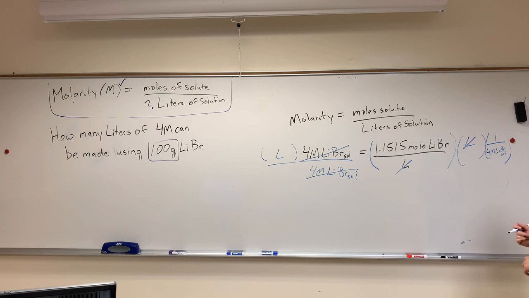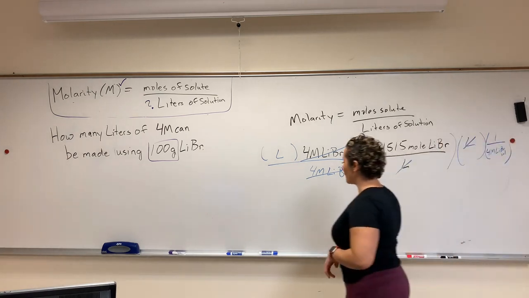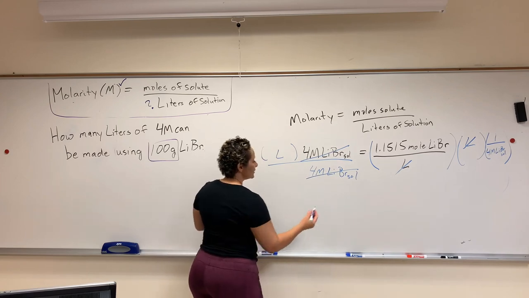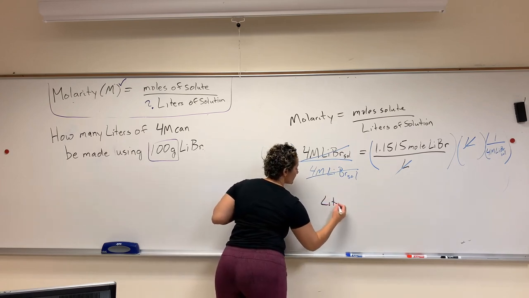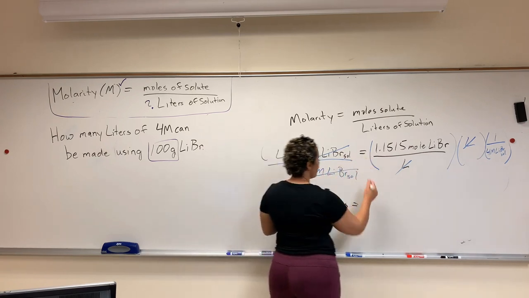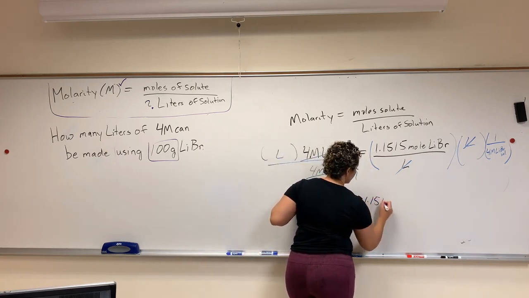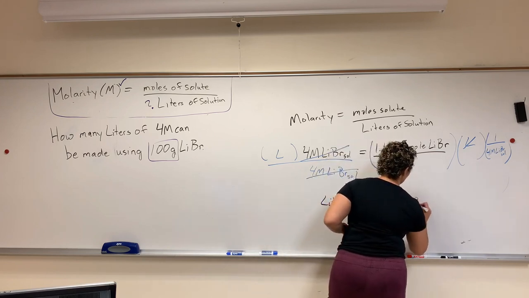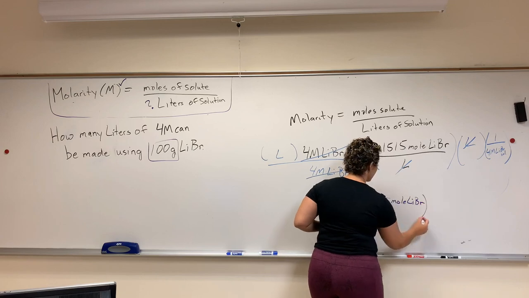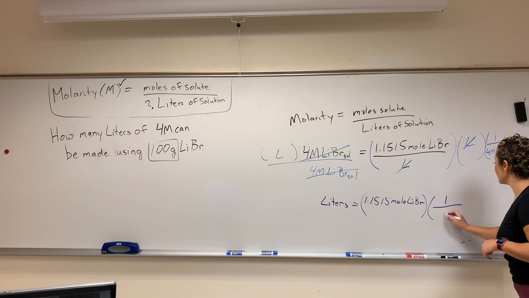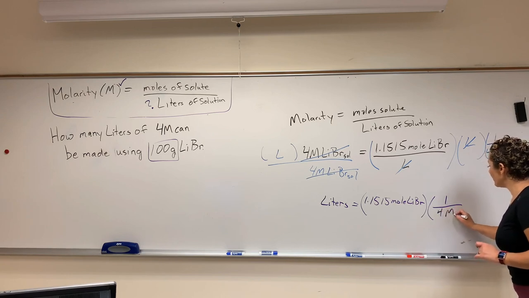All right, so if you're familiar with cross multiplying, it's fine. Do it how you want. So we're left with liters equals 1.15 moles LiBr and 1/4 big M molarity LiBr.